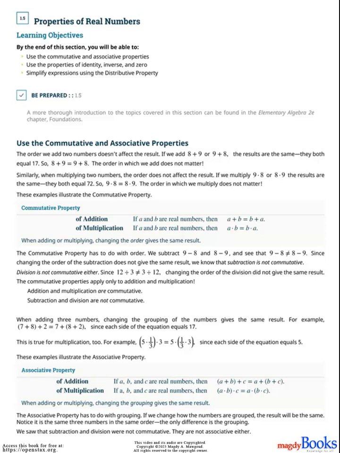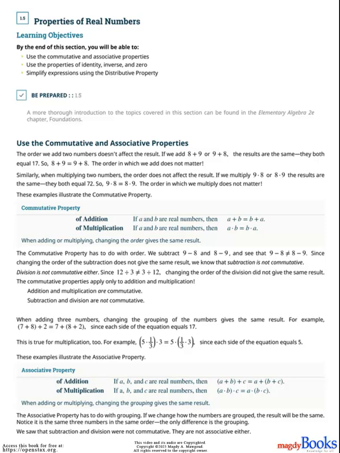For example, (5 times 1/3) times 3 equals 5 times (1/3 times 3), since each side of the equation equals 5. These examples illustrate the associative property.